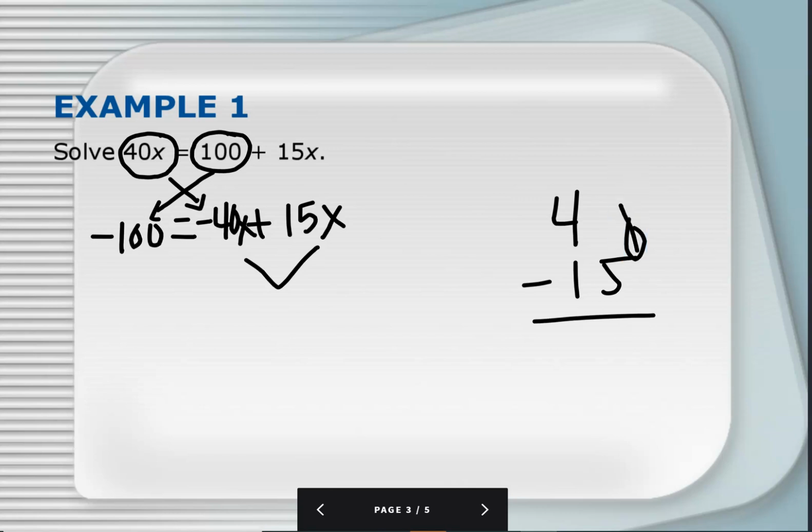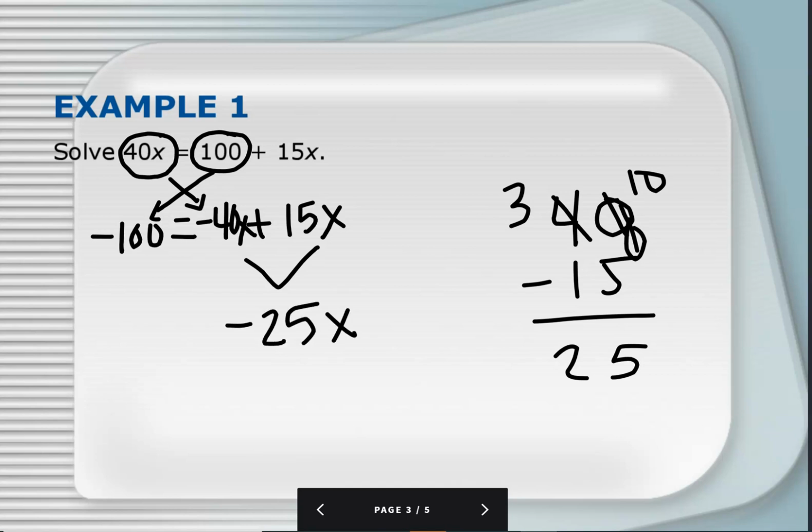I don't have a calculator on hand. So it is a negative 25x. All right. So if you don't have a calculator on hand, and if you know about negatives, then you can definitely do what I did. Negative 40x plus 15x is a negative 25x.